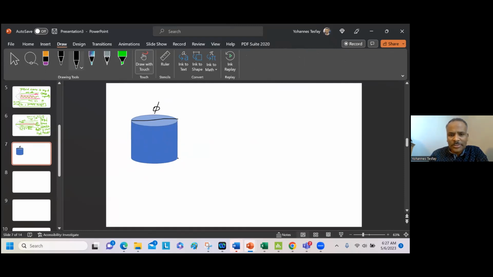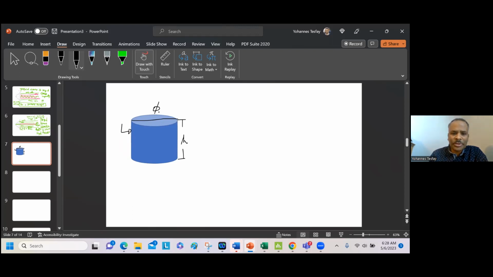And the other dimension that we want is the runout, just like that. The other dimension that we want is the height.